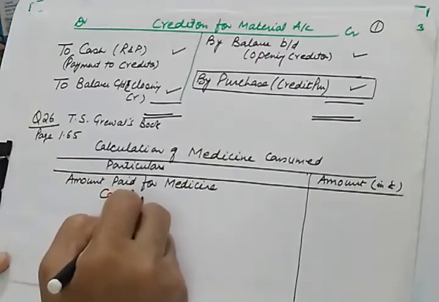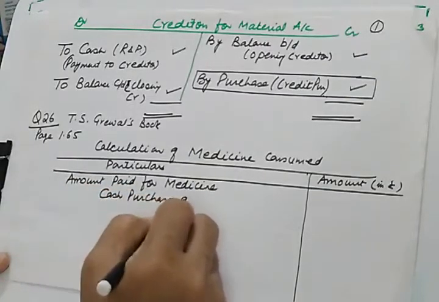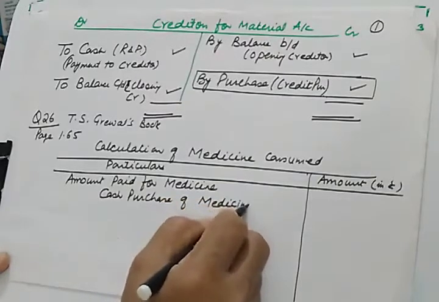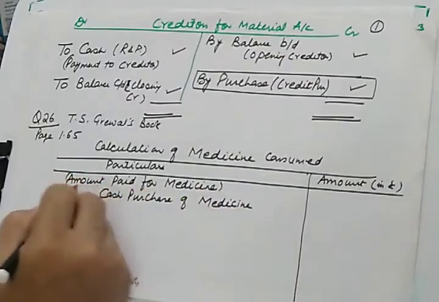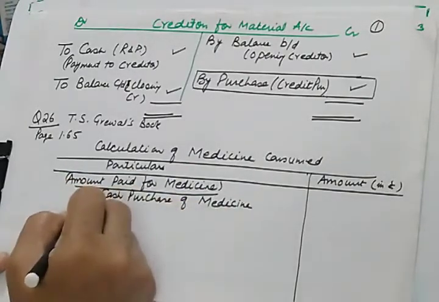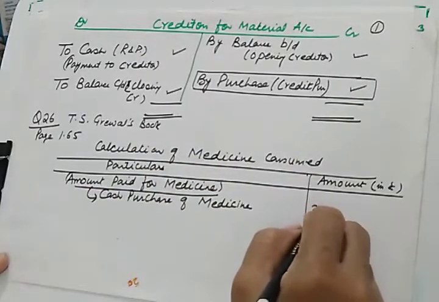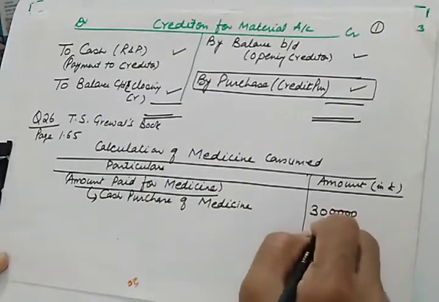Cash purchase of medicine is given to us in this case. Otherwise we would have taken this. So you can simply remove this by this. So cash purchases are given to us as 3 lakhs in this particular numerical.